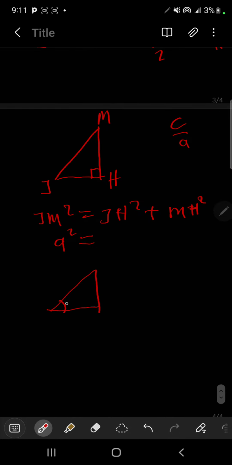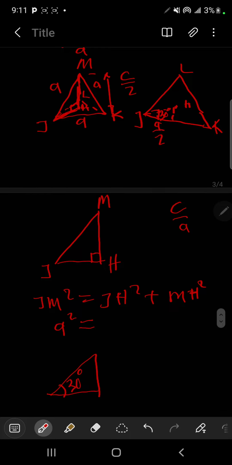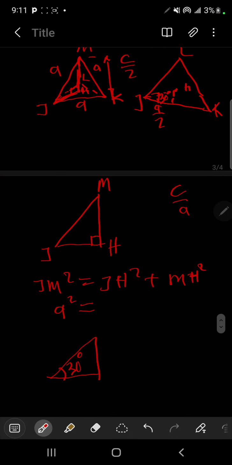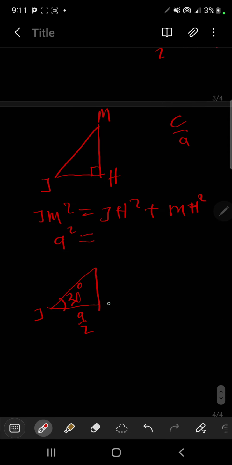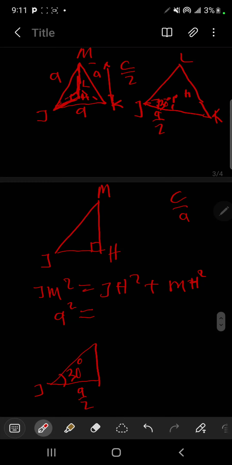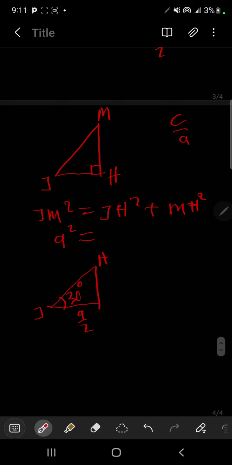It was also a right angle triangle, 30 degrees, and this point is A over 2, J, and this was H like that. We just want to obtain a relationship of JH to A over 2. Notice that this is the adjacent of this angle, and this is the hypotenuse.